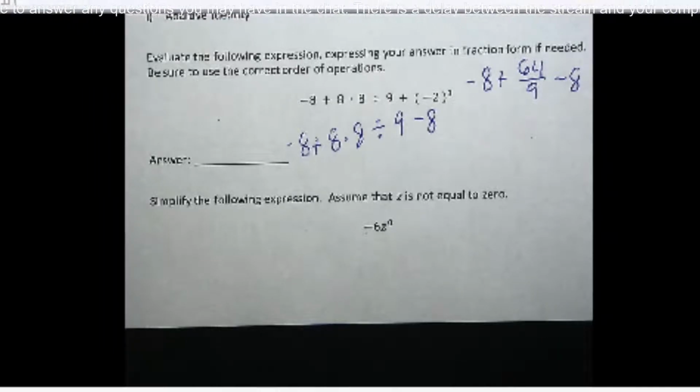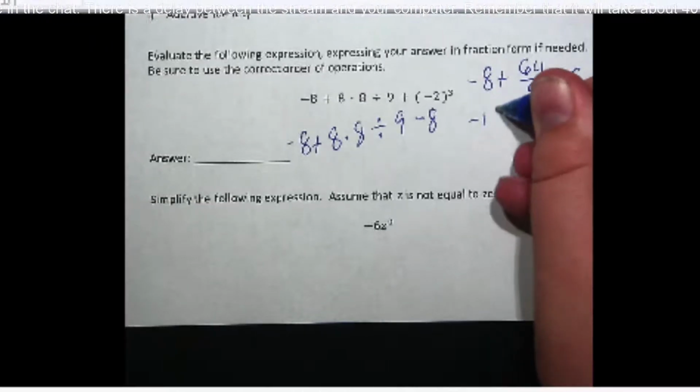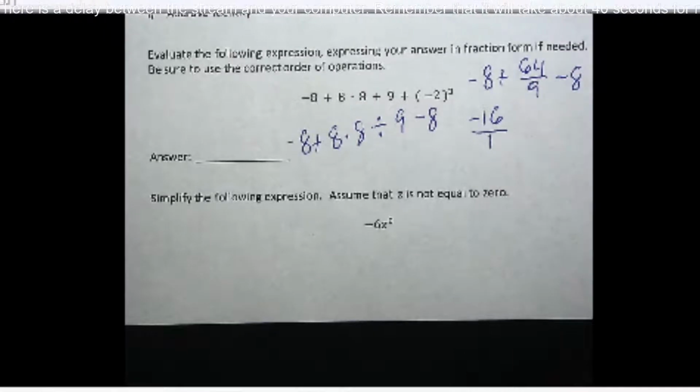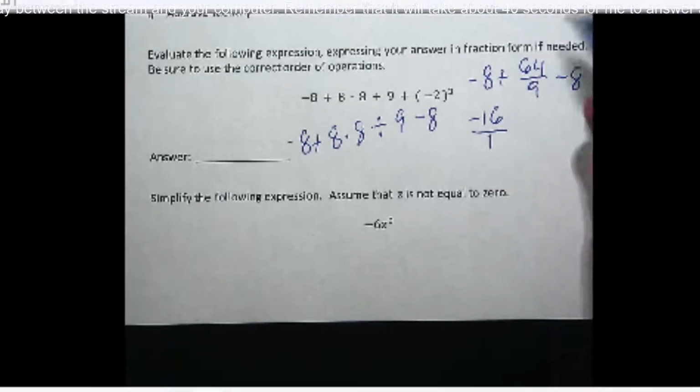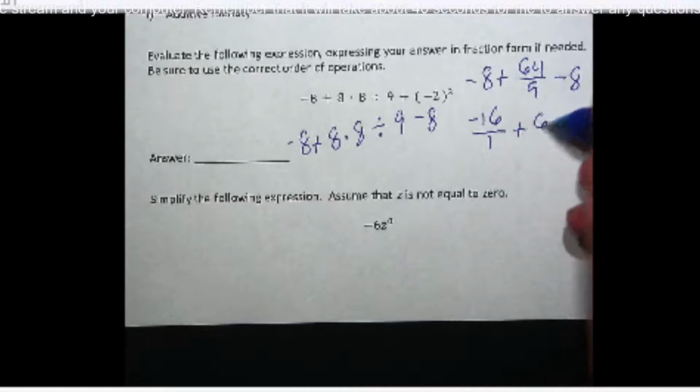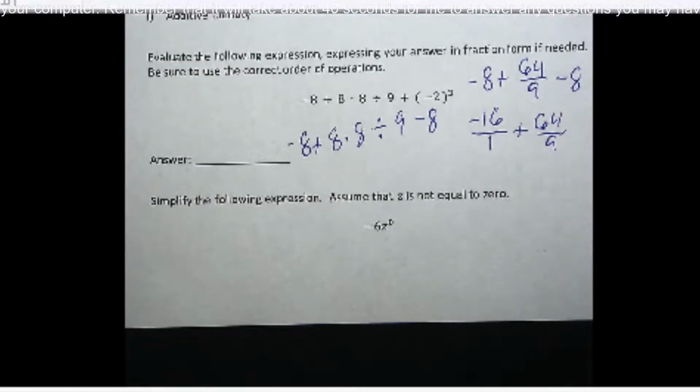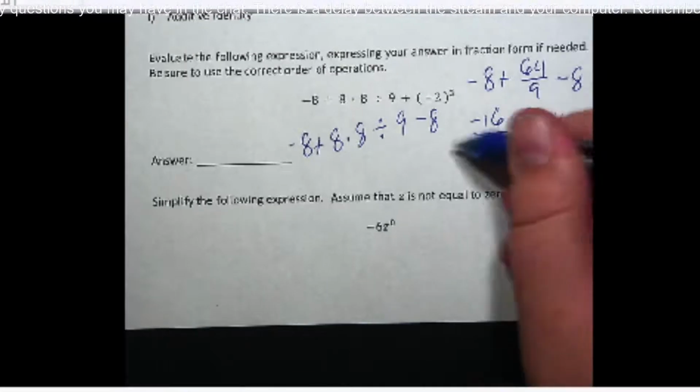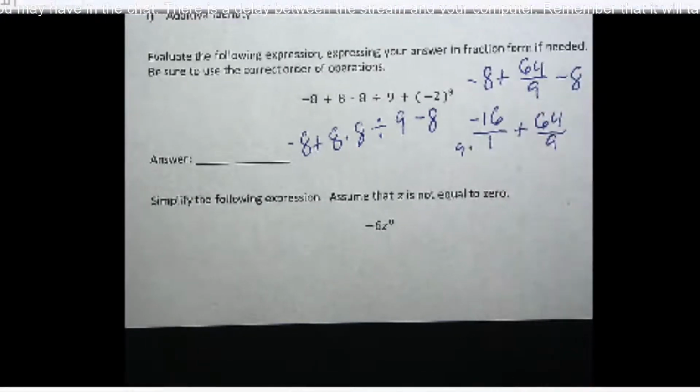Alright, well, let's combine any like terms that we have. The negative 8s are definitely like terms, so that's going to give me negative 16. I'm going to go ahead and put it over 1 since I know I'm going to have to deal with a fraction pretty soon. And now in order to combine these two fractions, they need to have common denominators to make them like terms. So I'm going to need to make this 1 into a 9, multiply it by 9.